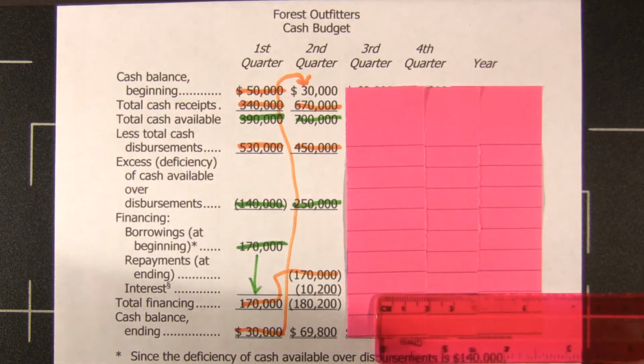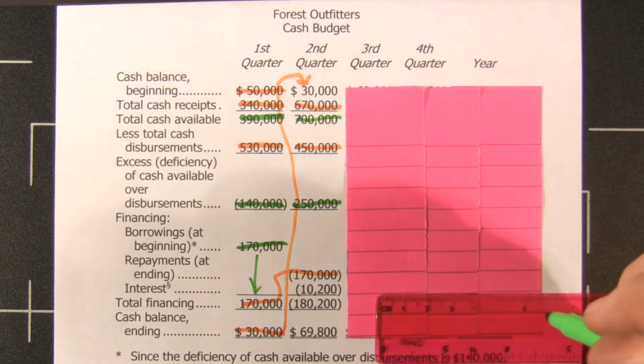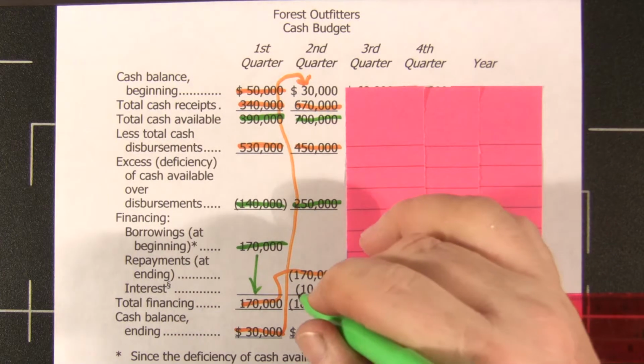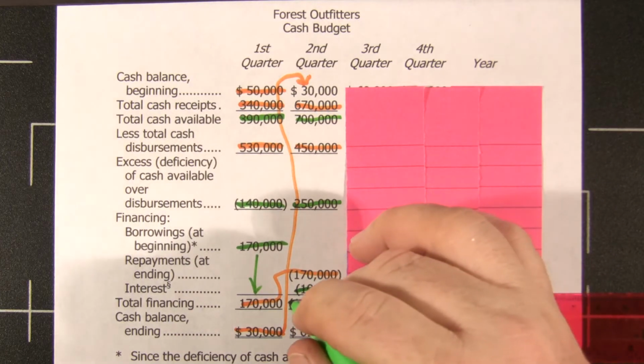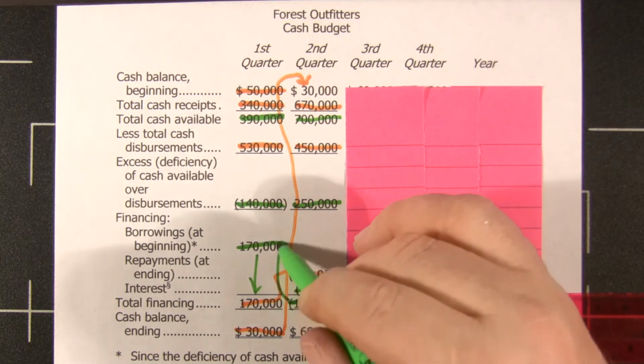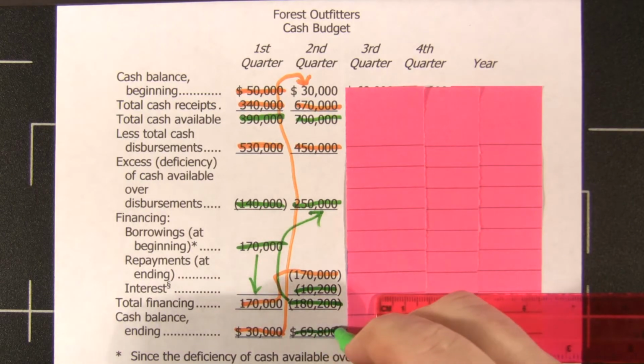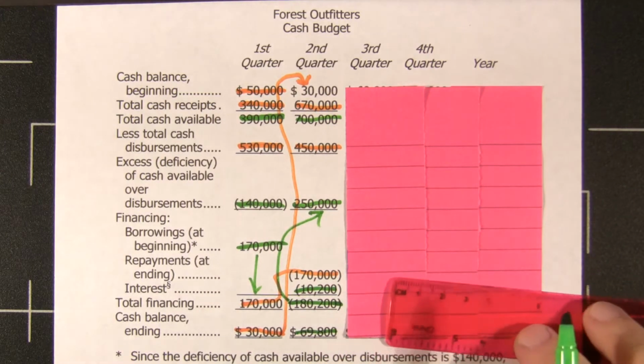So that's 2 quarters or 6 months. Okay, that's $10,200. So we're going to pay back $180,200. So that comes out of that $250, and we end up with $69,800.